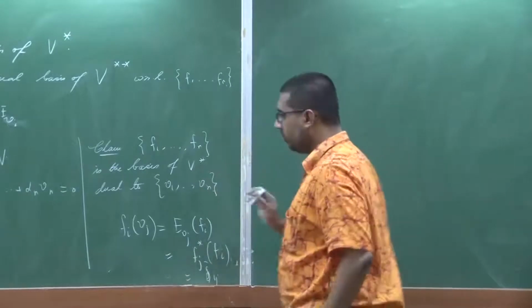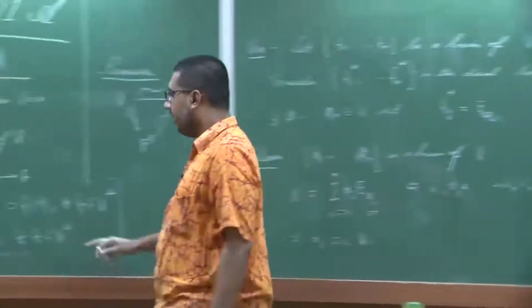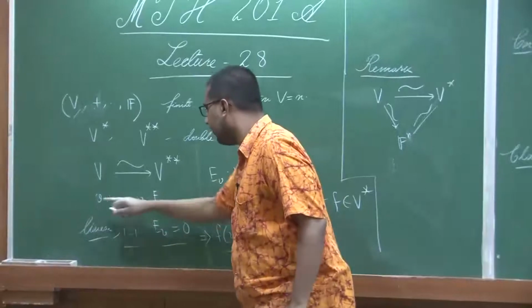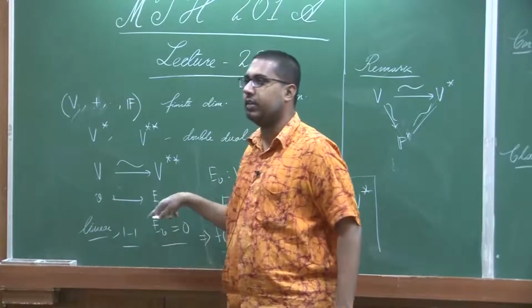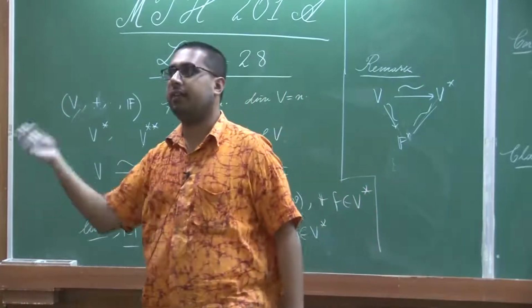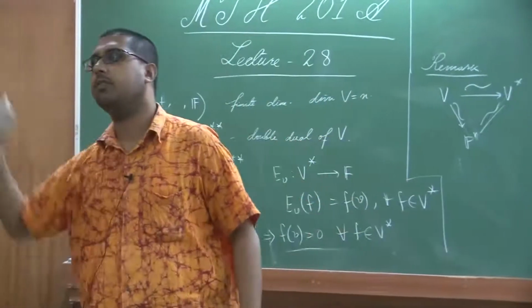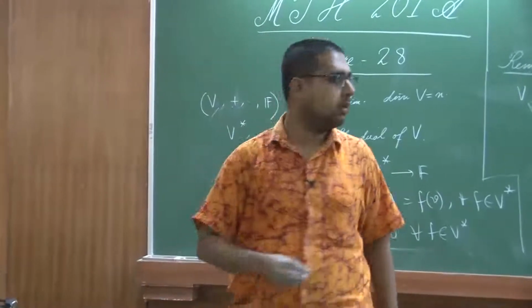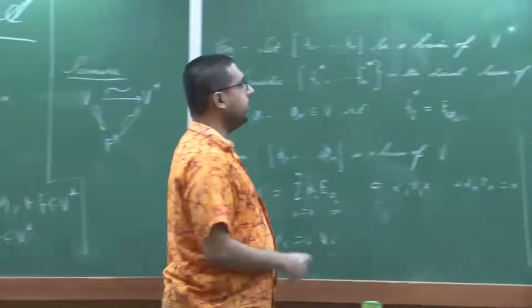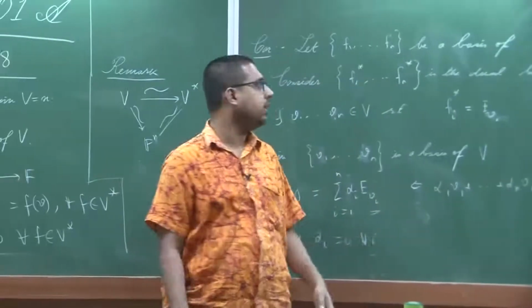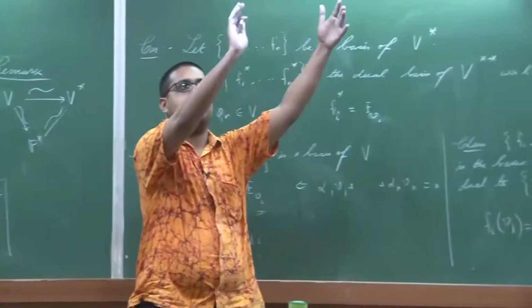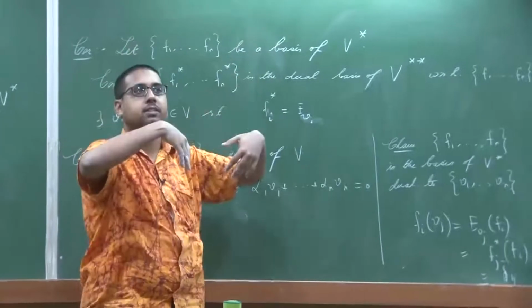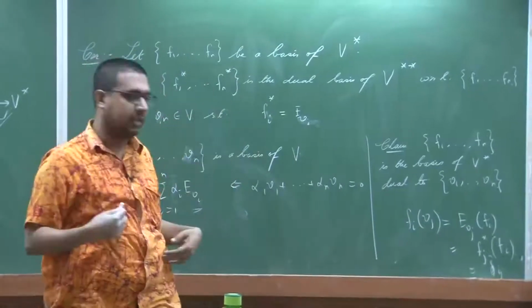That is very easy to see in view of this V dual. One thing you should observe: once we identify V with V dual by this, every member of V dual is some evaluation at V. So, naturally we have a very natural canonical identification of V to V dual. Therefore, V dual is to be regarded as V, and corresponding to a basis here you have a dual basis there, and for any basis there you have a basis of V which is the dual of that.